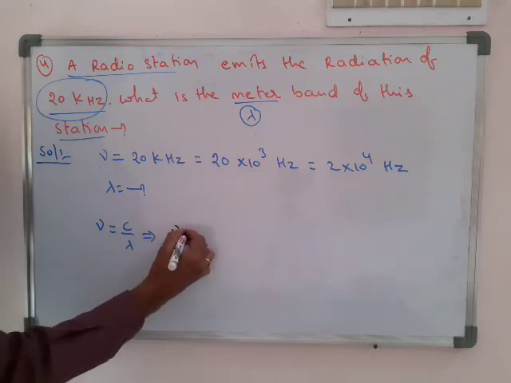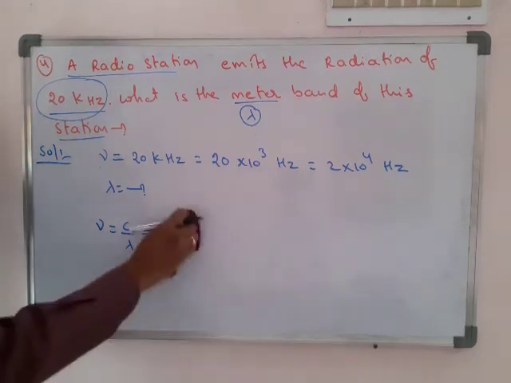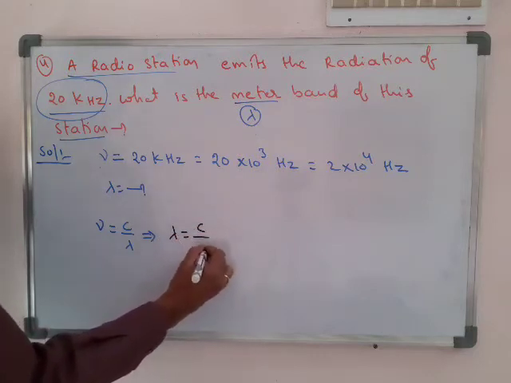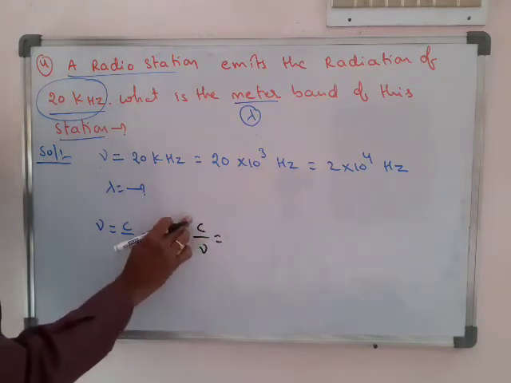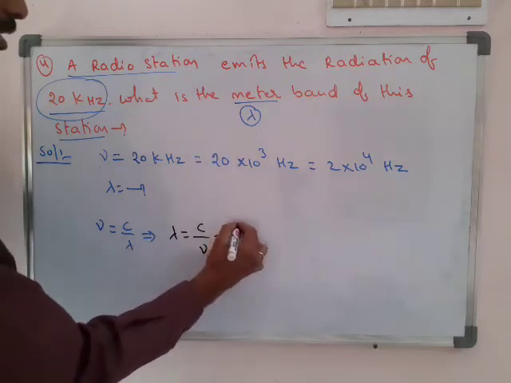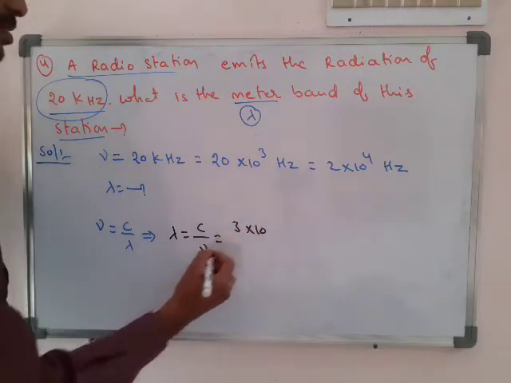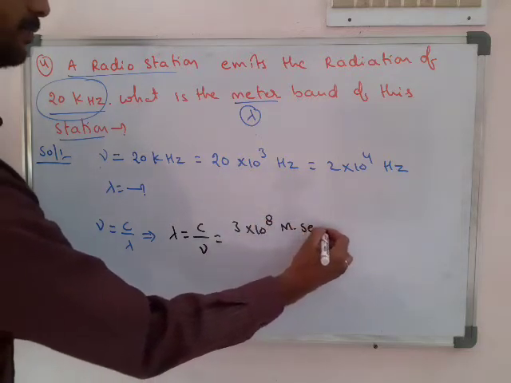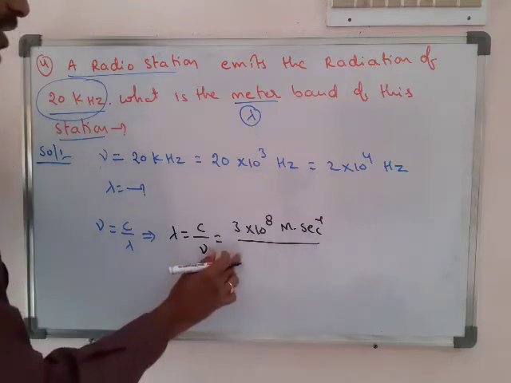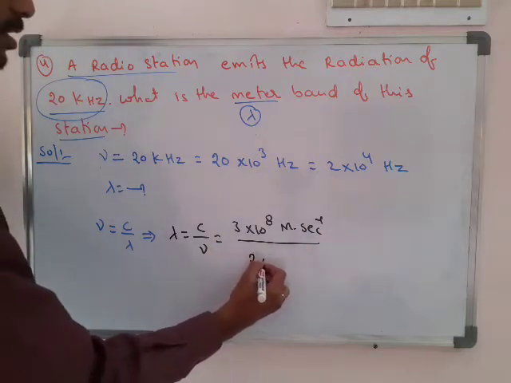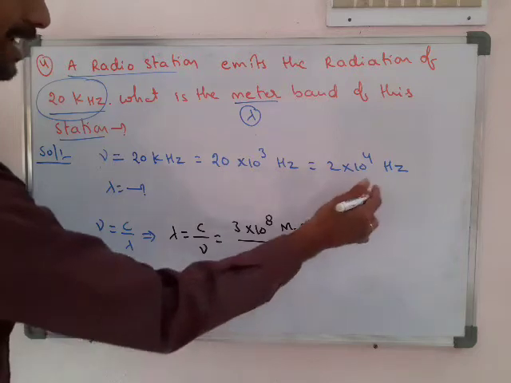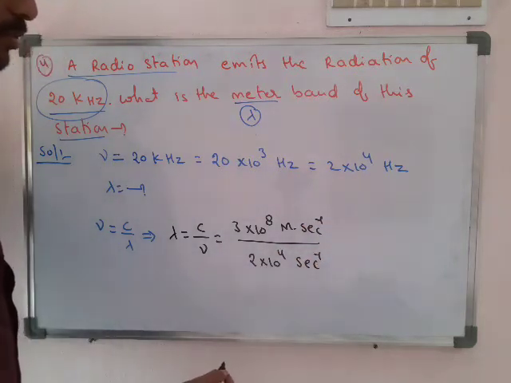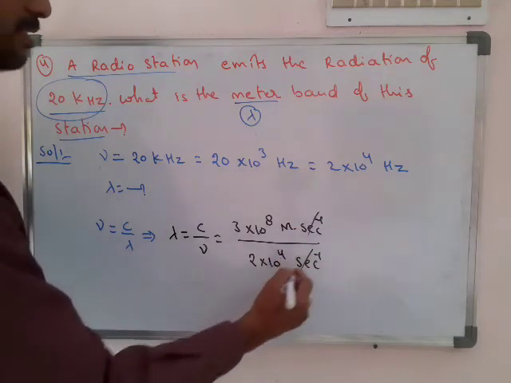Therefore, we have to find the lambda. Lambda is c by nu. Since it is meter band, it should be in meters, so c is 3 into 10 power 8 meters per second, divided by the frequency, 2 into 10 to the power of 4 hertz. Hertz is nothing but second inverse, so both get cancelled.